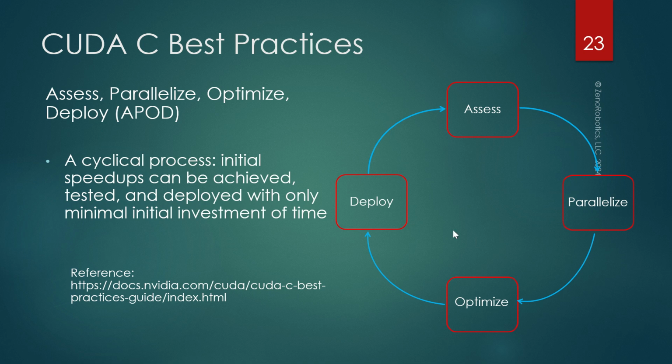And so this is your typical cycle. Whether it's hardware design, system design, or anything else, you assess the system and whether you're parallelizing or whatever you're doing. But in CUDA best practices, they have this APOD where you assess, parallelize, optimize, deploy, and then you assess again.